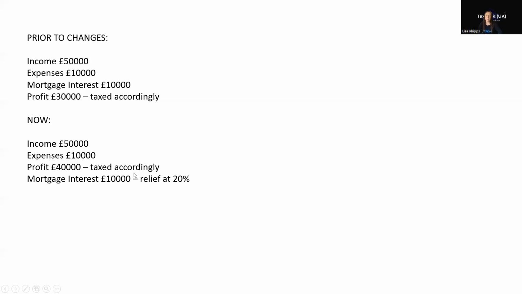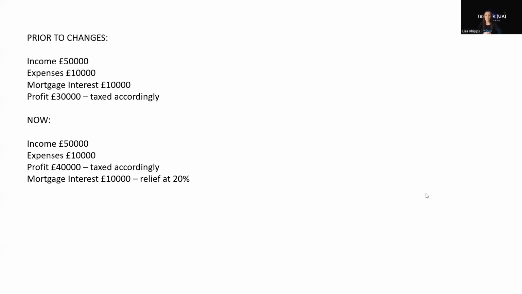Now what will happen is we're looking at the same figures because we want to see how it affects us. So we have the income of £50,000 and expenses of £10,000. That gives us a profit now of £40,000, and that is going to be taxed accordingly. So if that pushes you into the high rate tax threshold, then that element above the threshold will be taxed at 40%.